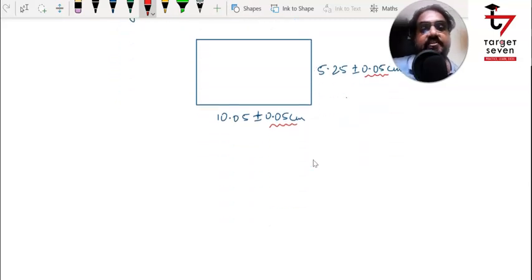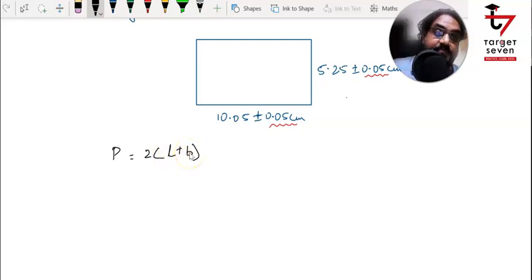Now, if the question here is to determine the perimeter of this rectangle, we pretty well know the formula for the perimeter is 2 times length plus breadth. In this particular scenario, both the length and the breadth are measurements and have uncertainties. Let's look at the maximum possible value of the perimeter and also the minimum possible value.